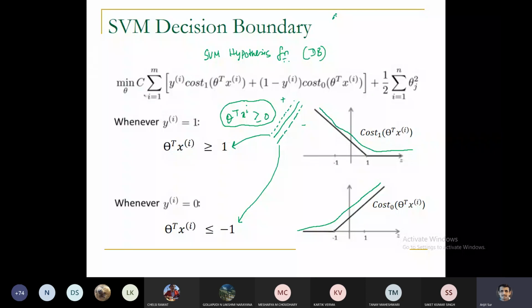This is what we have already seen, and we can put a guard point, and we have a fat margin classifier, or a large margin classifier.